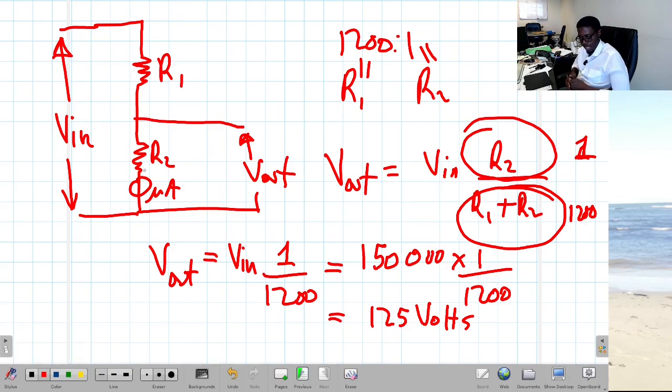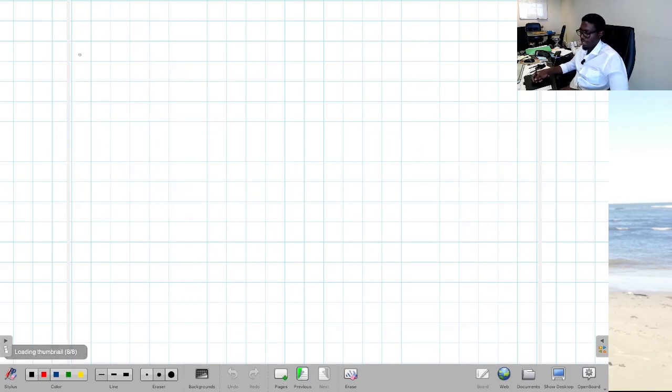The microammeter can read up to 10 microamps. So since the voltage across the resistance is the same, VR2 is equal to 125 volts, which we just found.